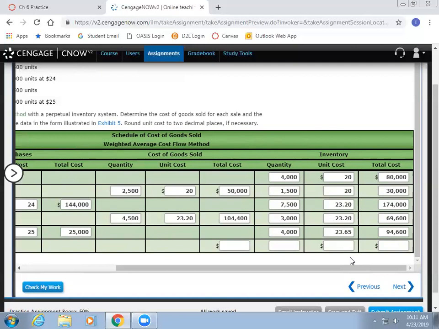We want our total cost of goods sold, so 50,000 plus the 104,400, so 154,400. On the inventory, we just want the ending inventory, which we can carry down because we just averaged it. So in our ending inventory, we have 4,000 units at $23.65 for a total of $94,600.